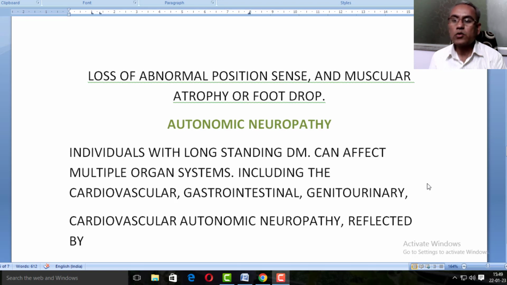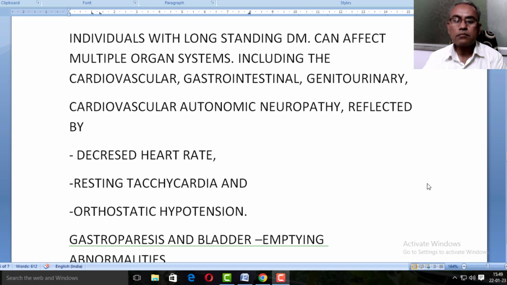Next is autonomic neuropathy. In individuals with long-standing diabetes, it can affect the cardiovascular, gastrointestinal, and genitourinary systems. Cardiovascular autonomic neuropathy symptoms are reflected by decreased heart rate variability, resting tachycardia, or orthostatic hypotension.